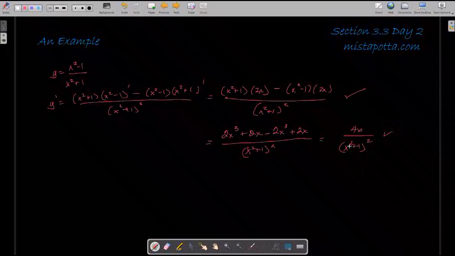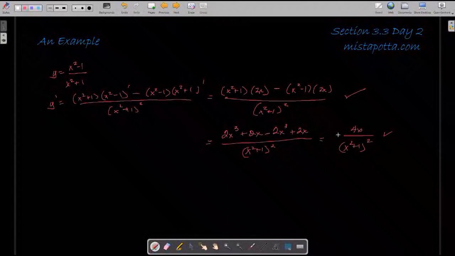And this is equally correct. This just takes a little bit more algebra, but this is going to be something that's much easier to substitute values in, if I want to find out, say, when my instantaneous rate of change is positive or negative or 0. So this is an example of how we use the quotient rule.